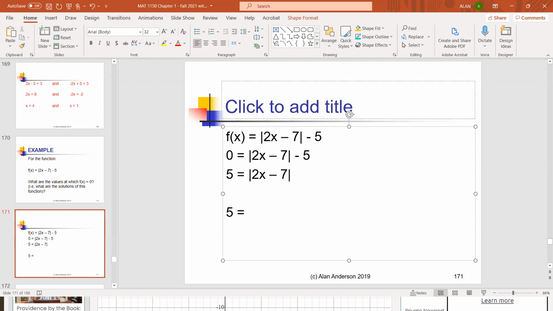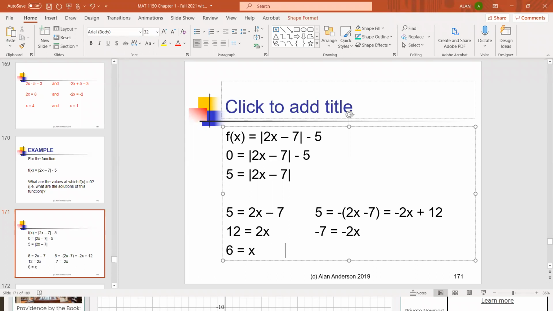That implies that 5 equals 2x minus 7 and 5 equals negative 2x minus 7. So over here we have 12 equals 2x. Over here we have, let's get rid of those parentheses, minus 2x plus 12. Okay, so that means here, minus 7 equals minus 2x. So we have 6 is x and 7 halves equals x.